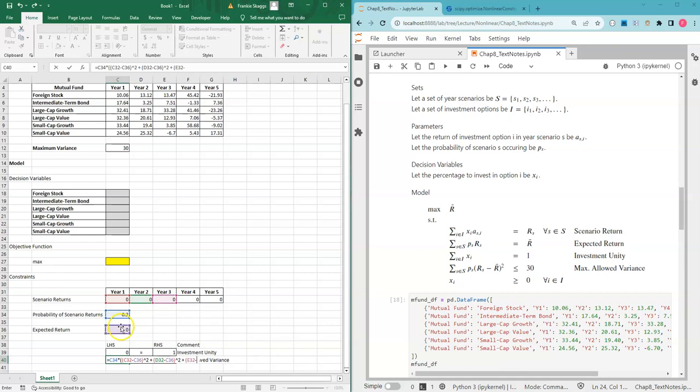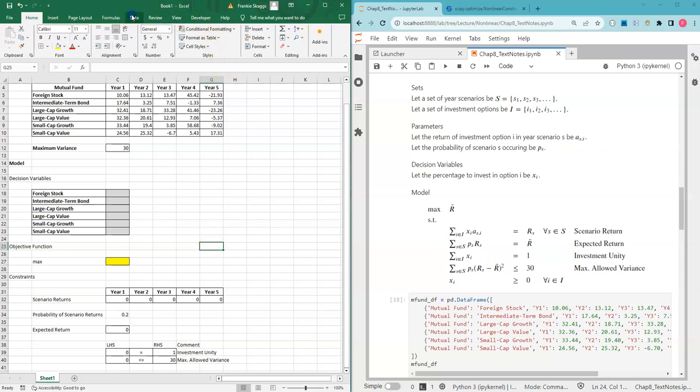We're just kind of following the formulation we have there in the Jupyter notebook. And once more here. There we go. Okay, so at this point I think I've done all the work on the worksheet in order to get everything into our model.